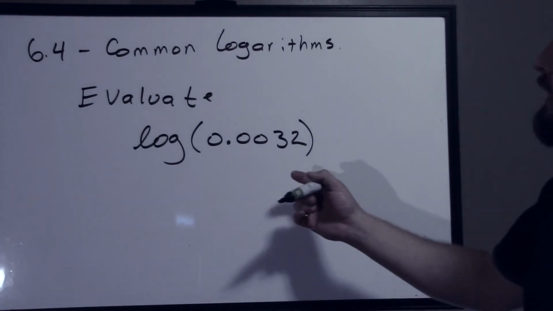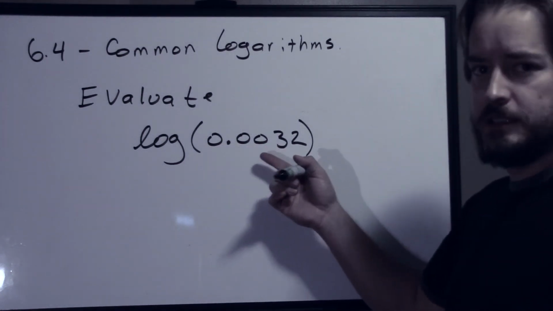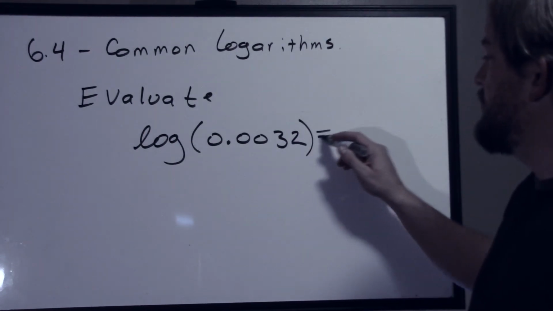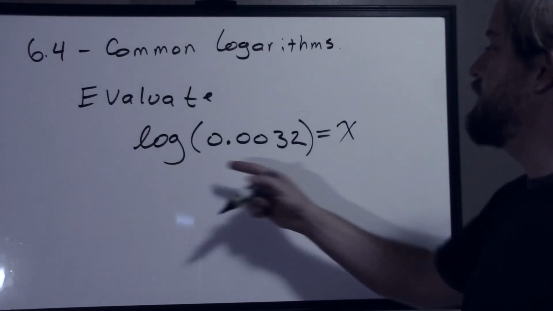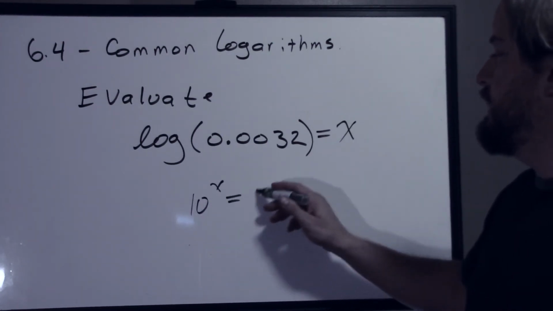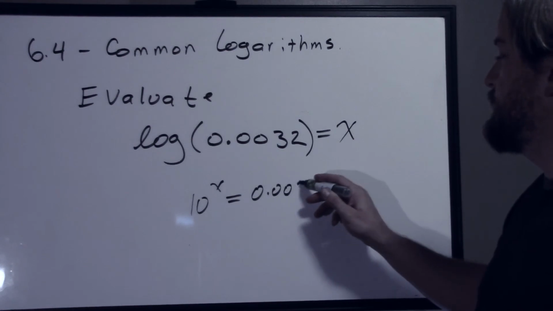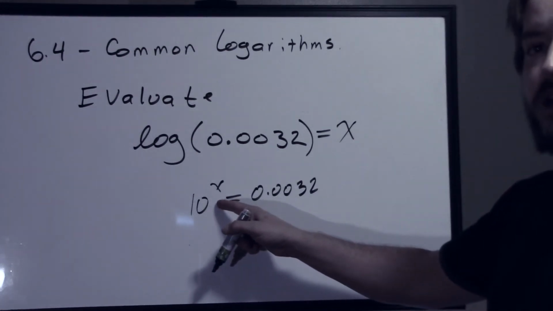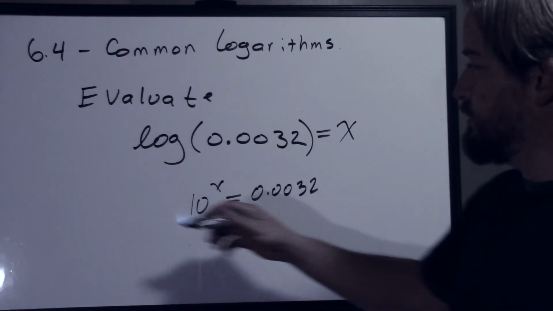Now this is valid. I can take the log of anything that's not 0 or negative, so this will be fine. But again, if I think about this as saying, well, this is equal to something, I don't know what, but if I rewrite this whole thing as 10 to the x equals 0.0032, well, x should be negative because we've got this small decimal.